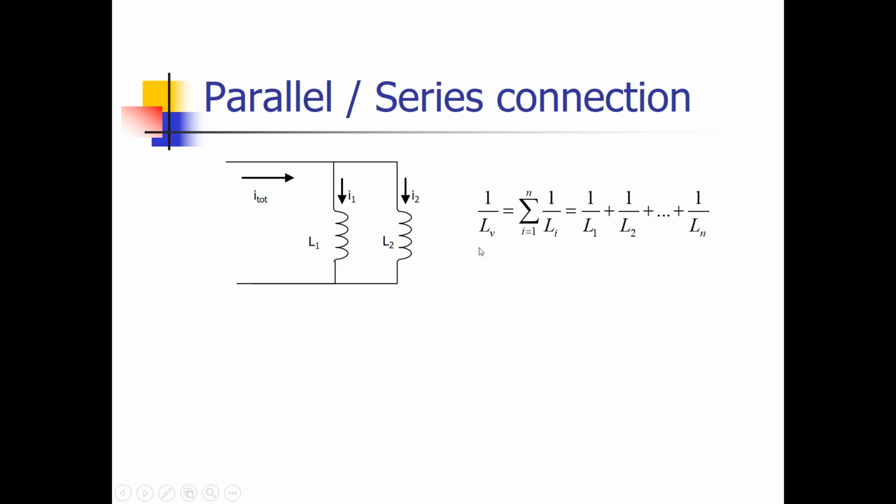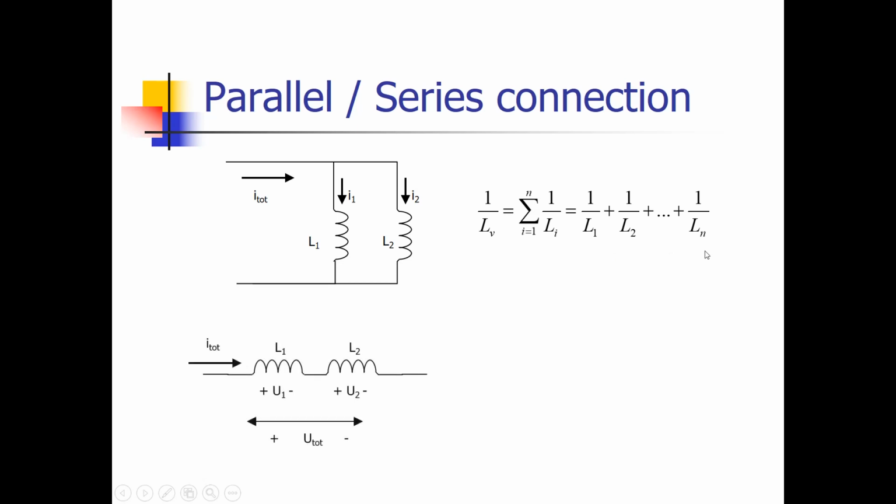So the inverse of the replacement inductance value is equal to the inverse of L1 plus the inverse of L2. And of course, when we put more inductors in parallel, we have to add all the inverse inductance values to it. So this resembles the same situation as when we put resistors in parallel.